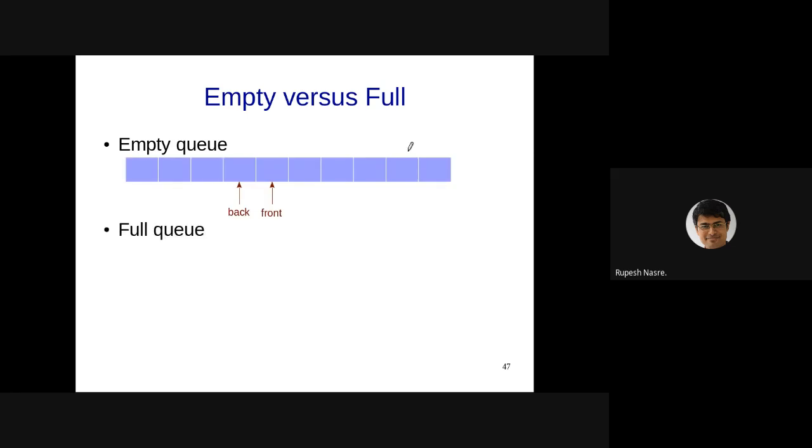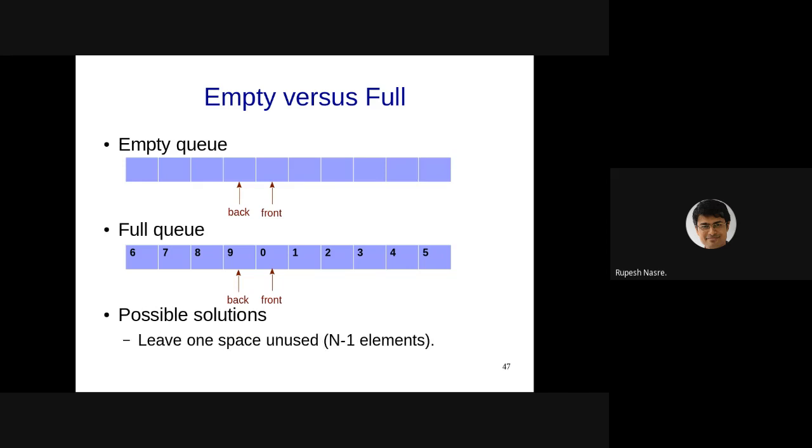So empty queue is this, the full queue is also the same, and although I have not shown elements, those elements exist there, right? So you cannot distinguish between the two. So one possibility is that we can leave one space unused. So we just insert n minus 1 elements, right? We never fill it completely, so therefore the full and the empty states are always going to be distinguished, right?